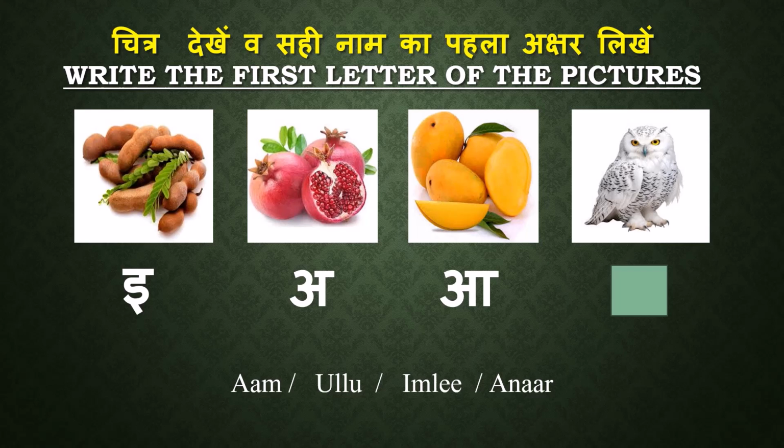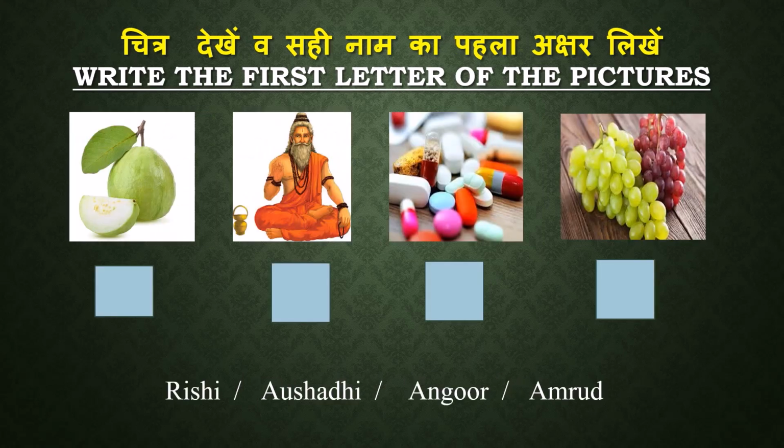What is the first beginning letter of the word ullu? Yes, it is u. So you now understand the sound of the beginning letters of these pictures. I से इमली, अ से अनार, आ से आम, उ से उल्लू. Done? Next.